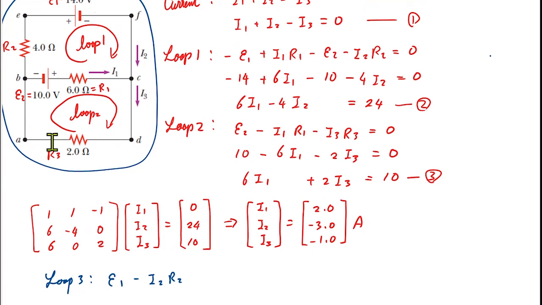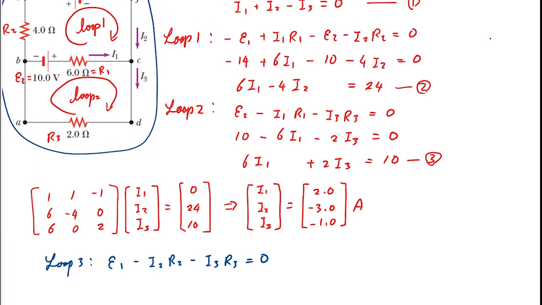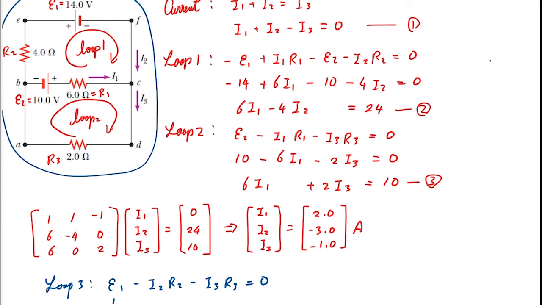And then here we lose again, minus I3 R3 is equal to 0. That's a whole lot more straightforward and easy to calculate, isn't it? And then from there, we plug in numbers. So this was 14. 14 minus 4I2 minus 2I3. Good?